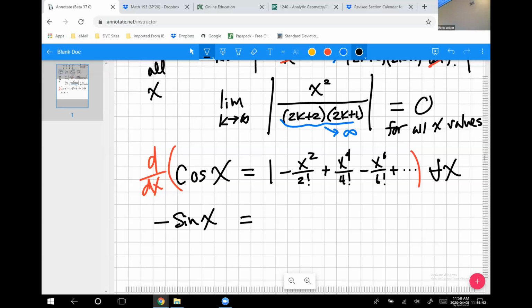So if I take the derivative of this, what happens? Well, the derivative of 1 is 0. The derivative of x squared over 2 factorial: I take out a 2 and that multiplies out and I get minus x. If I take the derivative of the next one, I get 4x cubed over 4 factorial, minus 6x to the 5th over 6 factorial.